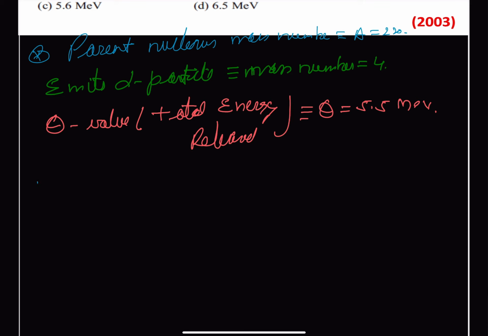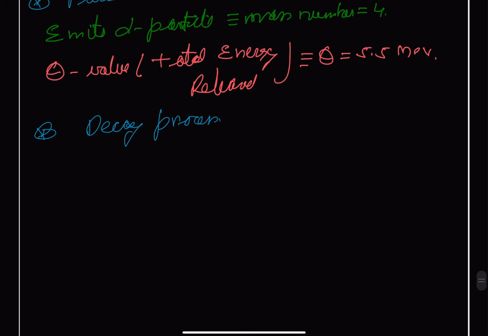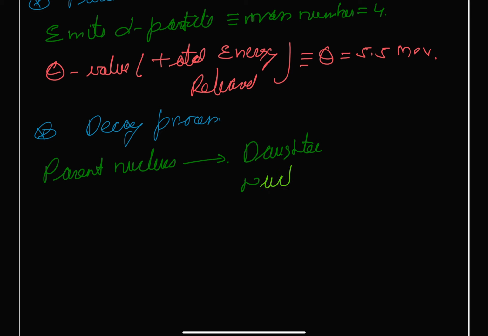So our decay process states that our parent nucleus gives us daughter nucleus plus alpha particle.